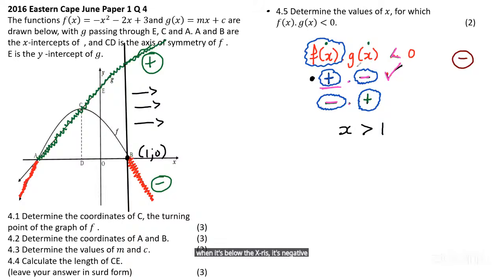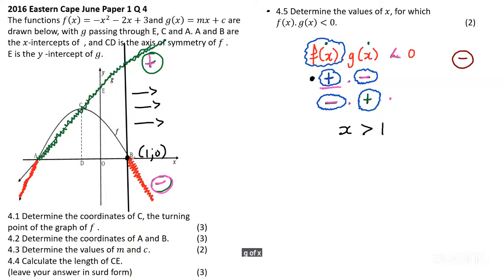The first scenario could not work. We couldn't find f of x above and g of x below. But for the second one, we can find f of x below and g of x above.